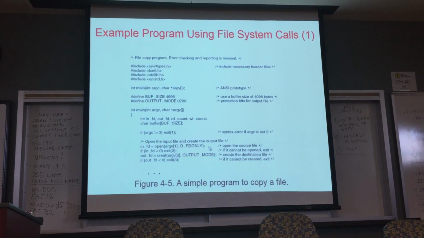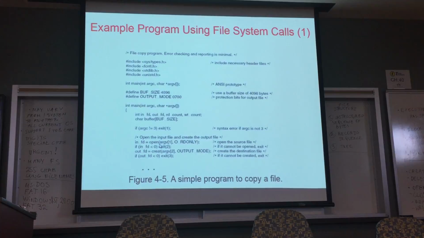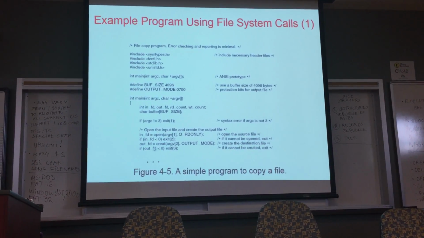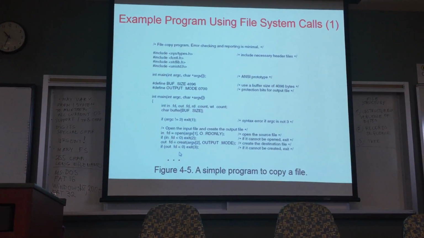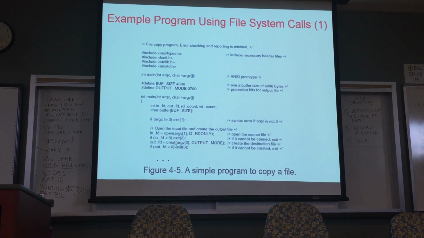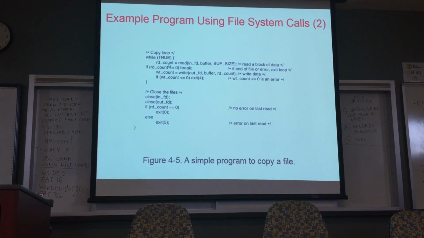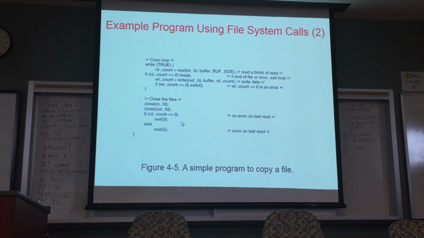When the operating system is finished, it returns control back to the program right in this line where we left off. Same if we try to create a file or do any other file operations such as read, write, and close the file.